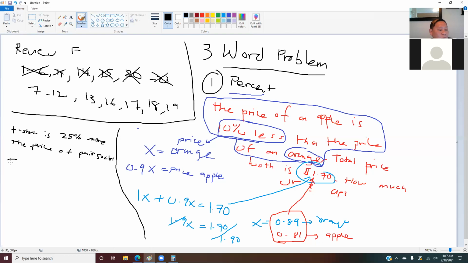And let's say the total price for the t-shirt and the pair of socks is, let's say, $2.70. What is the price of a t-shirt? How much does the t-shirt cost? And how much does a pair of socks cost?